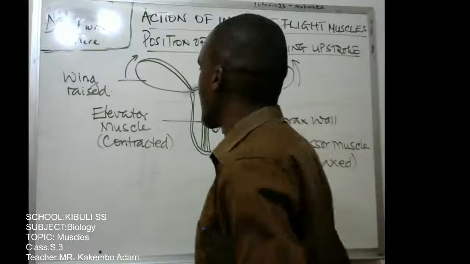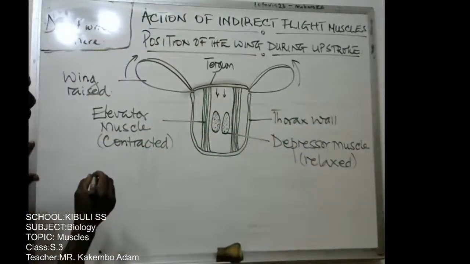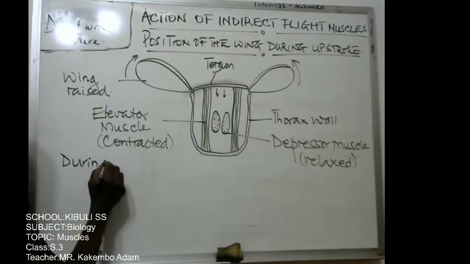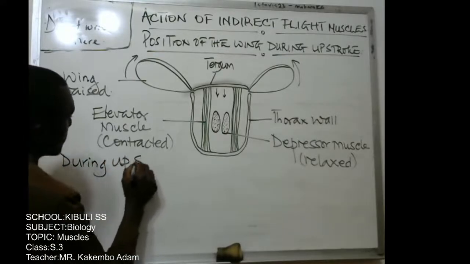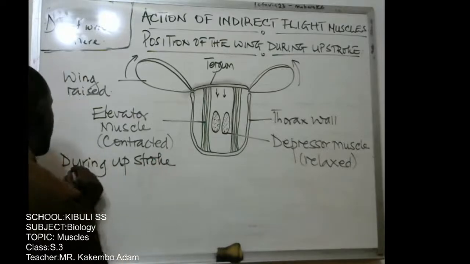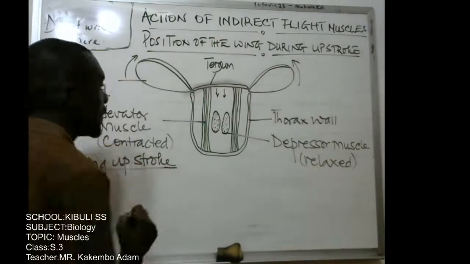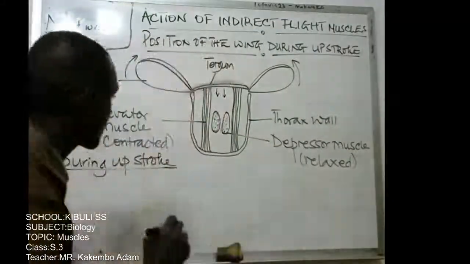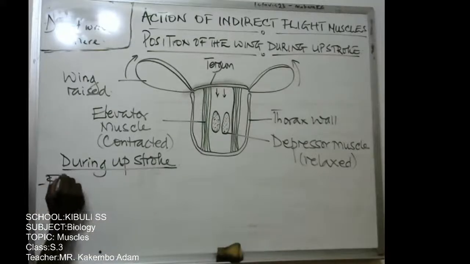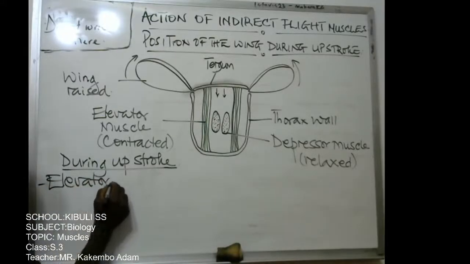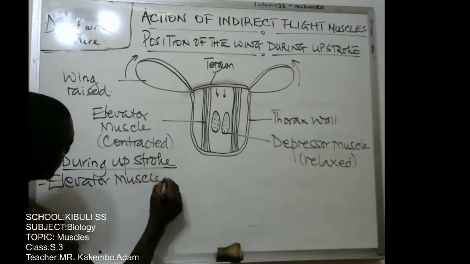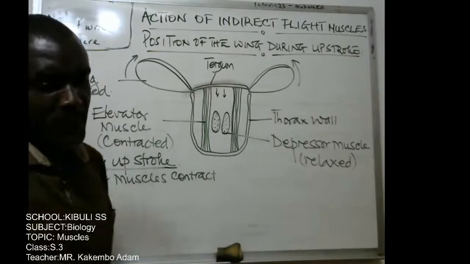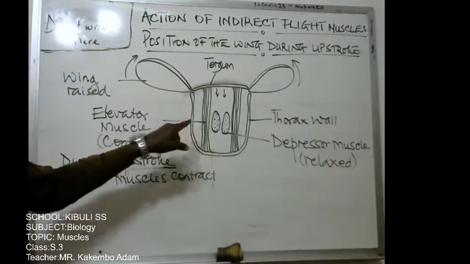So during upstroke, we can say in summary, the following changes occur. One, the elevator muscles contract. What's the effect of the elevator muscles contracting?